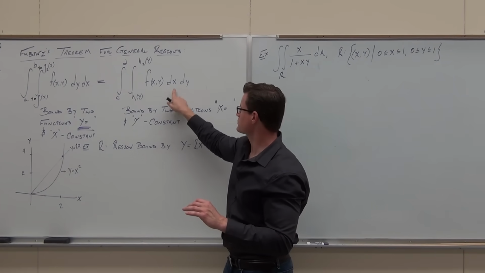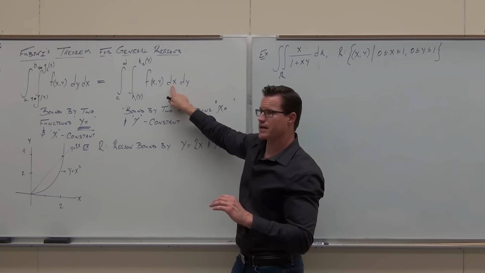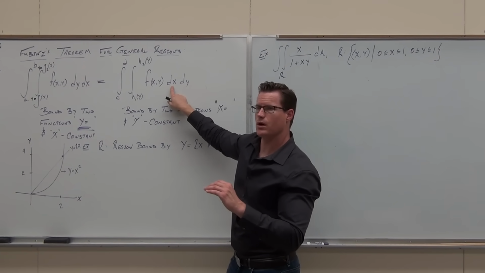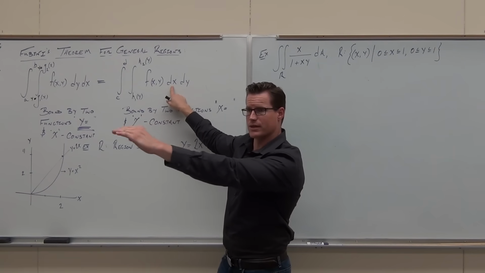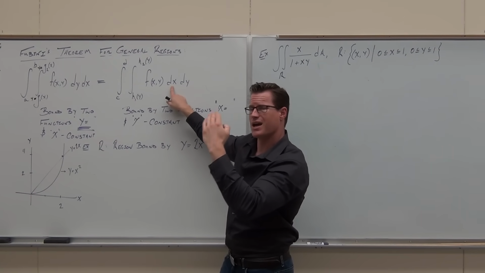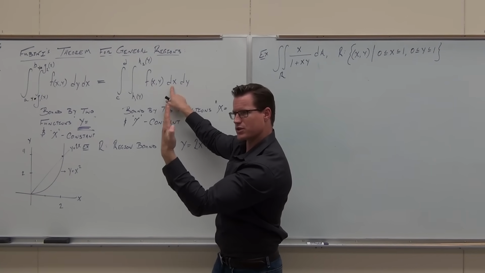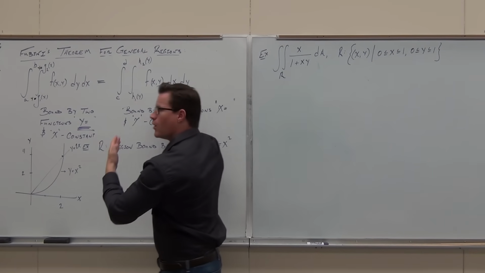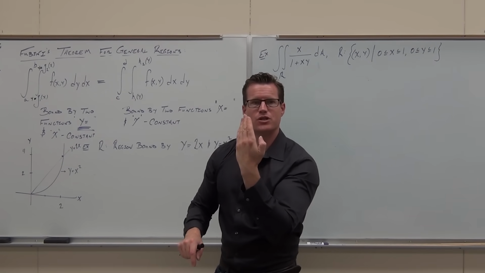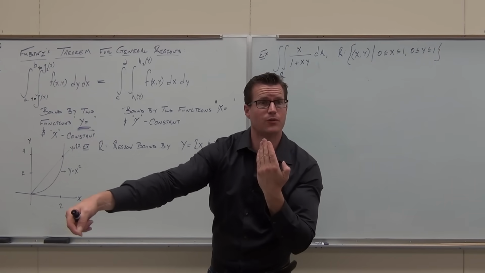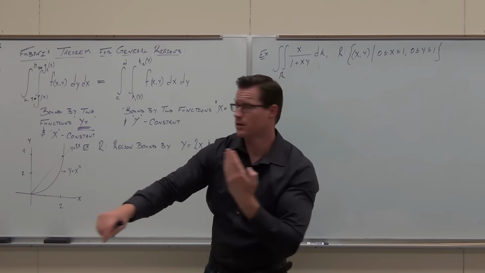Okay, let's try on this one. If I do dx first, I need to go along two functions that have x equals. I need to be traveling along the x-axis first. That's between x equals a function and x equals a function. Well, if I have x equal to a function, it's got to be a function in the other variable, the variable y. Does that make sense?